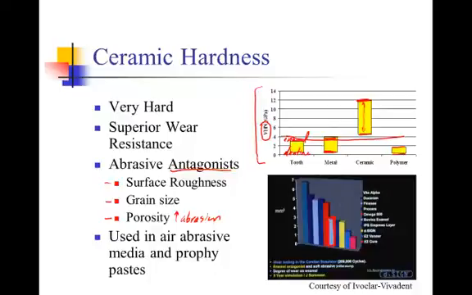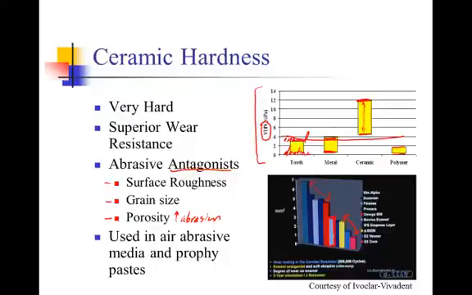So that's kind of in the middle of the range. And over here we have ceramics that wear away cattle teeth quickly, and down here we have ceramics that wear away cattle teeth very slowly, even more slowly than other natural teeth.